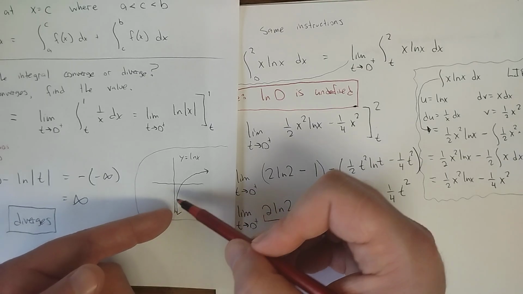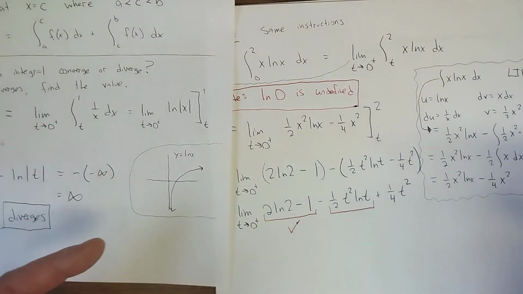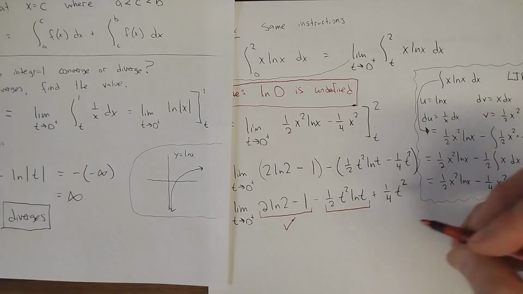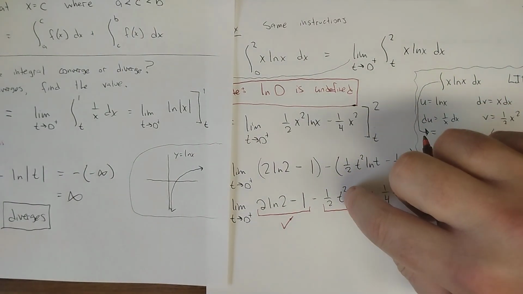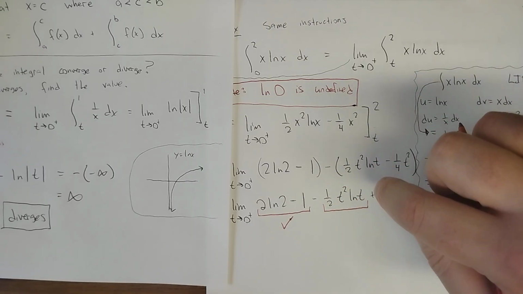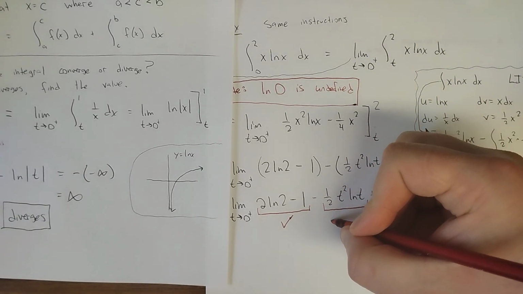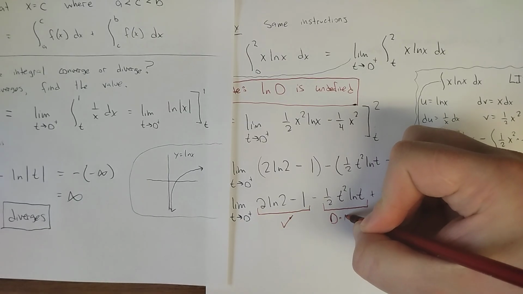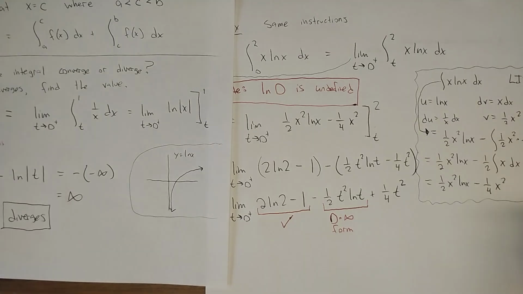So natural log of t as t goes to 0 from the right, that's like negative infinity. So unfortunately, as happy as I was to see that this goes to 0, I'm unhappy that this goes to negative infinity because this is a 0 times infinity form. So we're going to have a little bit of work to do there. But let's continue taking inventory.